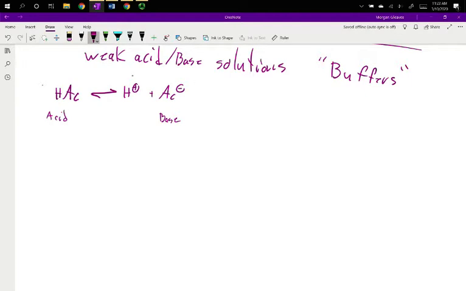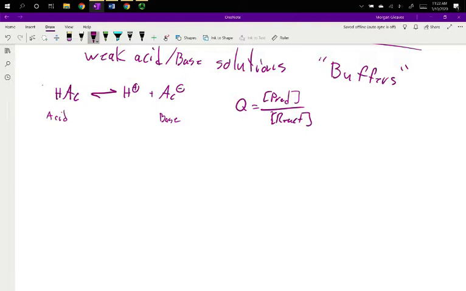If we have equilibrium, remember that your Q is equal to your products over your reactants. Since acid and base chemistry is so phenomenally fast, we never really find a Q value. It reaches equilibrium before we can do anything.